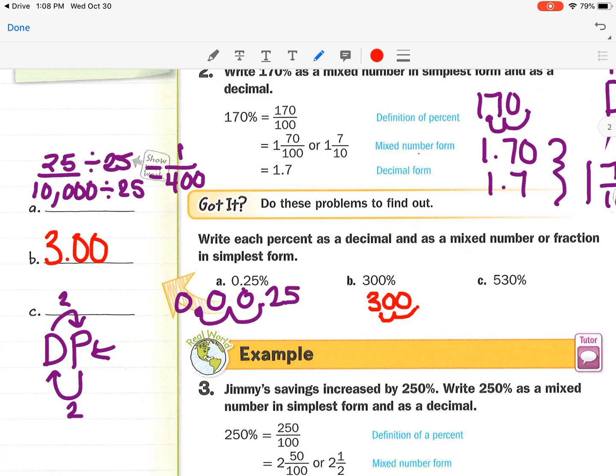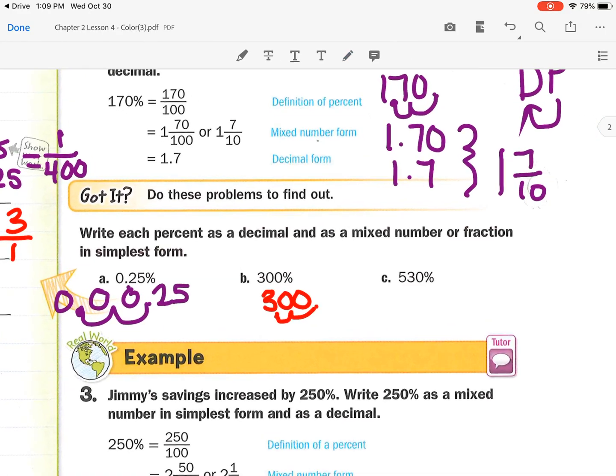It doesn't matter. It's the exact same number. So when I have 3 and I need to write that as a fraction, well, any whole number over 1 is that whole number. So it would be 3 over 1, or you could just leave it as 3. Alrighty? Okay, let's take a look at 530%.